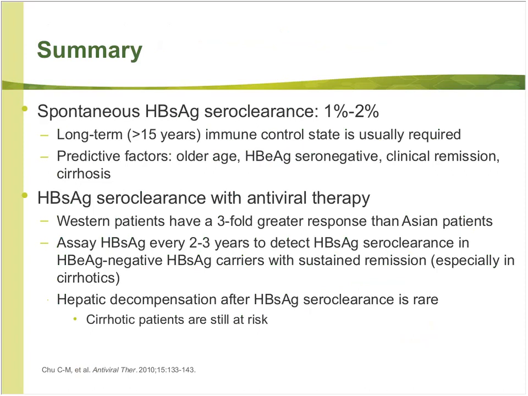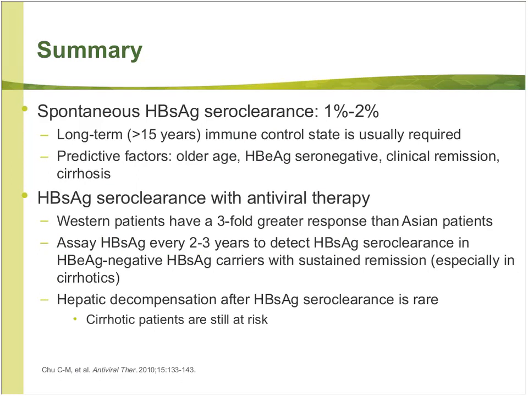Spontaneous S antigen clearance, 0.5 to 2%. The 1 to 2% is really more data for adult-acquired hepatitis B, 0.5% in vertically acquired patients who typically are from the Asia-Pacific region. Now we're going to talk about S seroclearance with antiviral therapy.